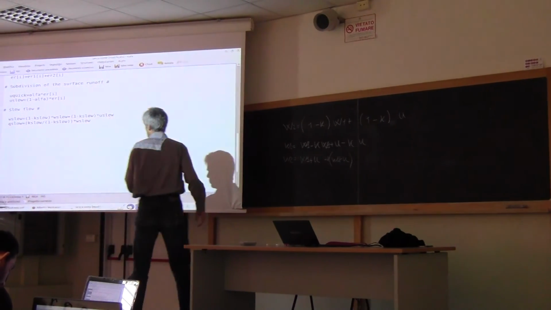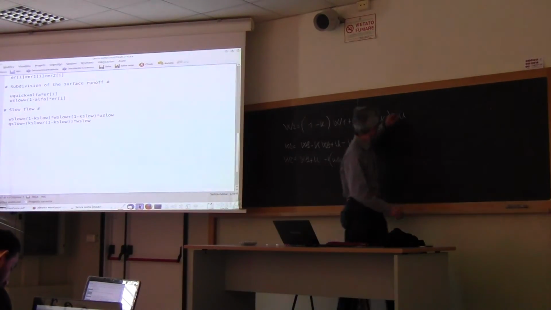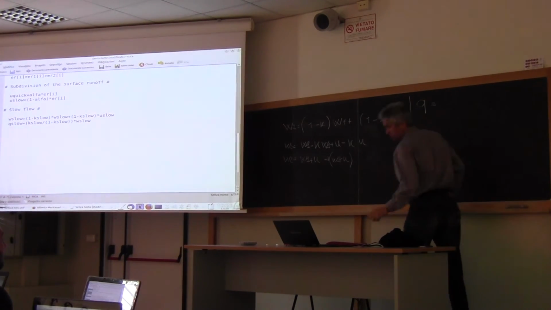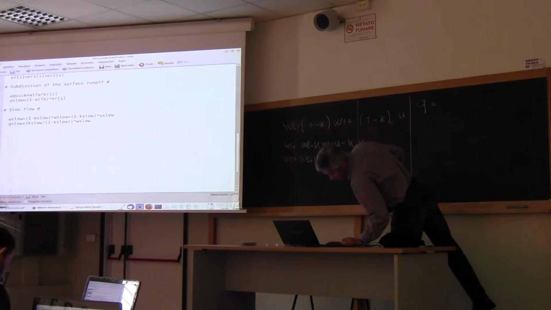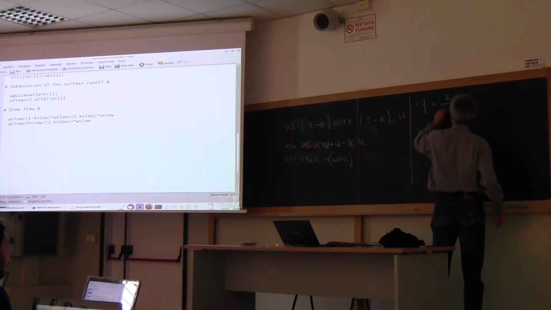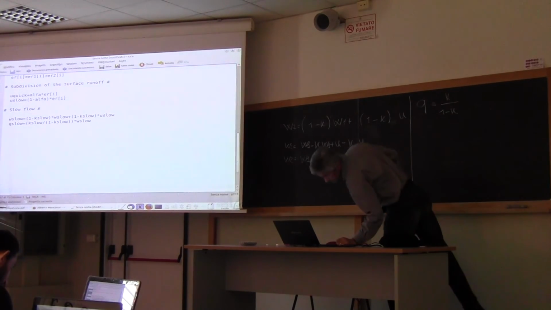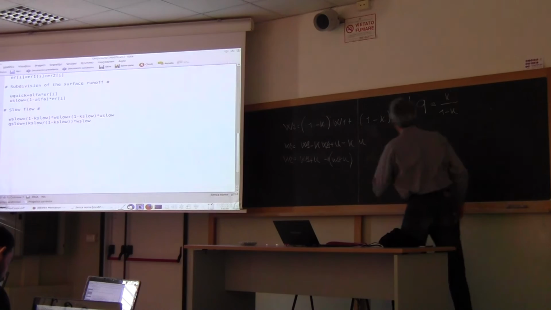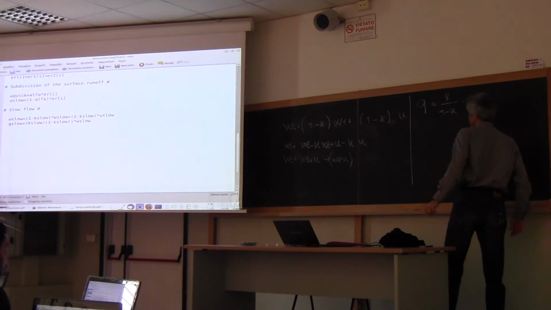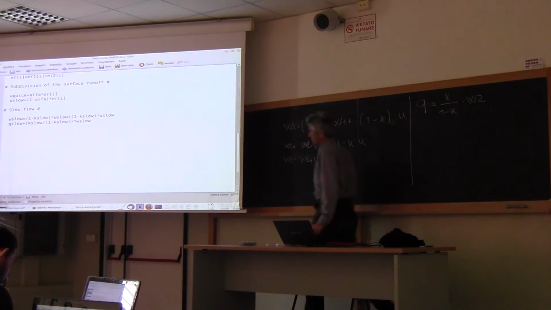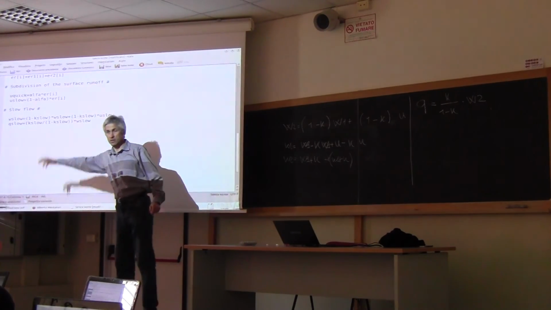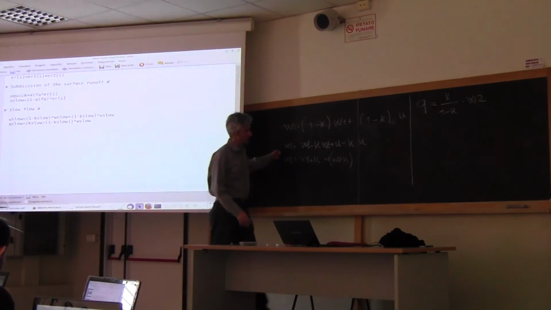So let me write Q. Q is equal to K divided by 1 minus K times W2, because I'm using here the new value of W, so let me use 2.